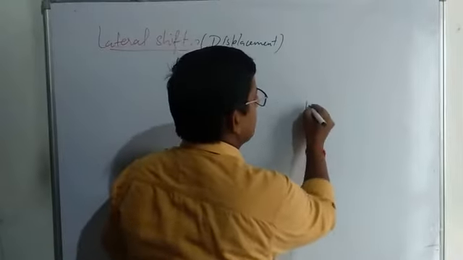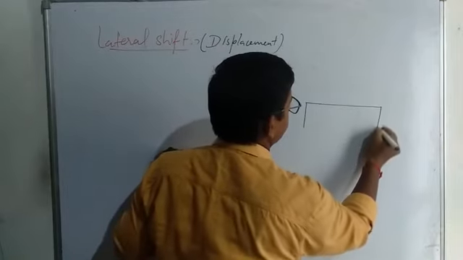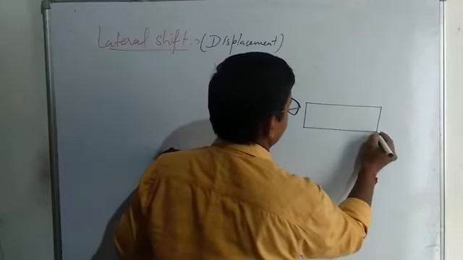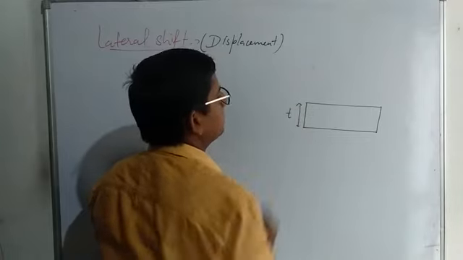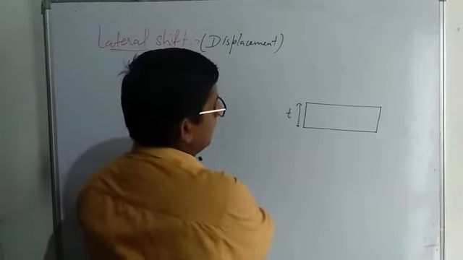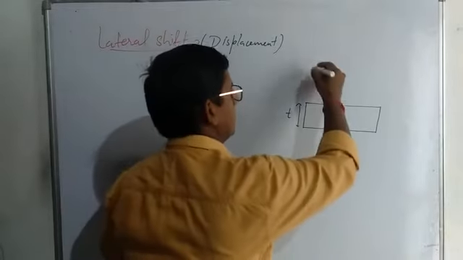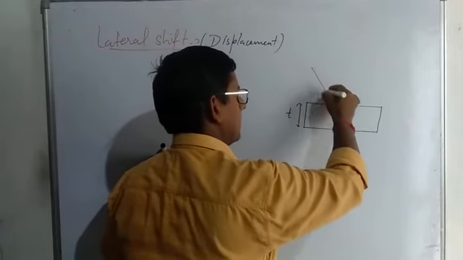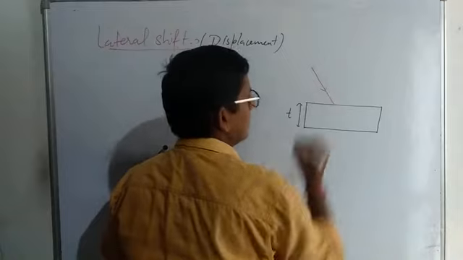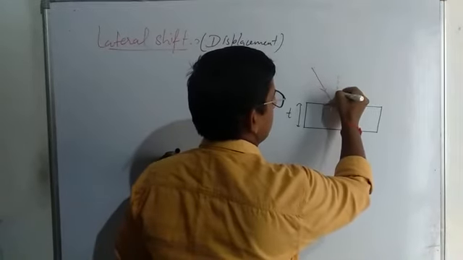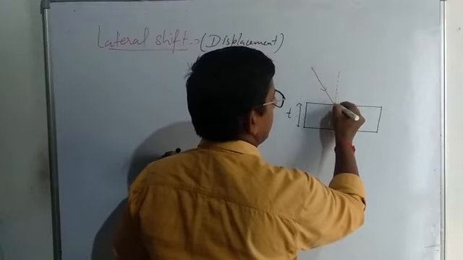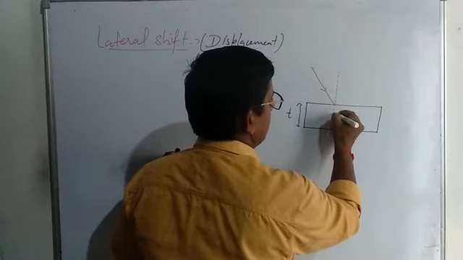Let me have this glass slab whose thickness is T, and a ray falls on it, making angle I with the normal.